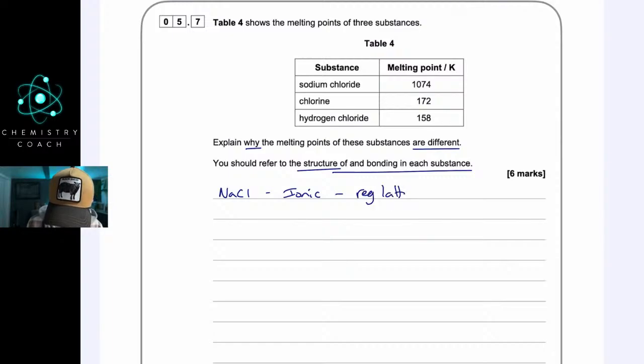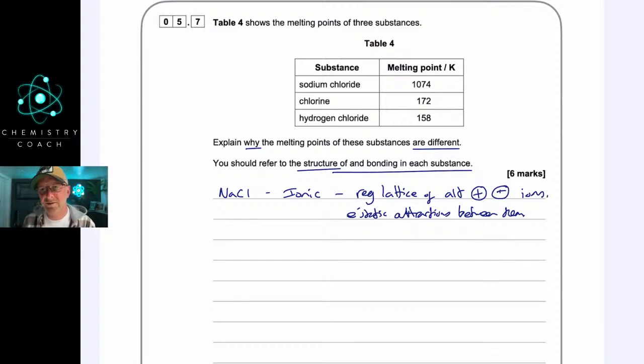So get your definitions down, guys. Regular lattice of alternating positive and negative ions with electrostatic attractions between them. So that would be my nailed-on description of just what an ionic substance is.